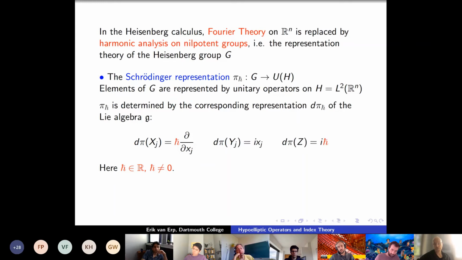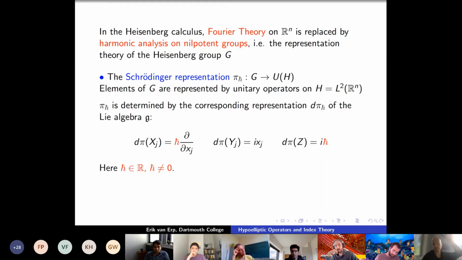There are some other representations of the Heisenberg group. These are not the only ones, but they're less interesting. So the Heisenberg group has a large abelian quotient, right? If you take the center, which is spanned by Z in the Lie algebra, and you quotient out by the center, you get a map to R2n, the abelian group R2n.